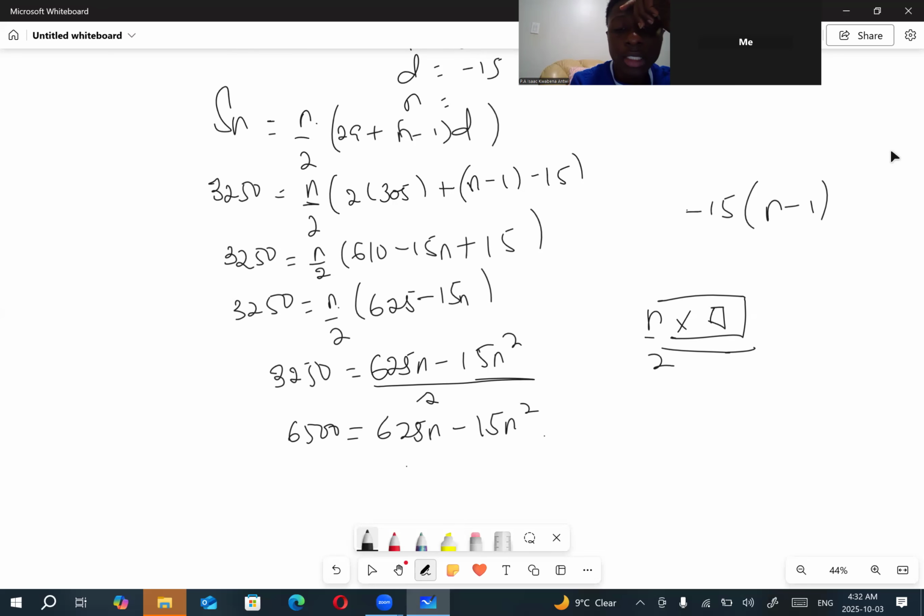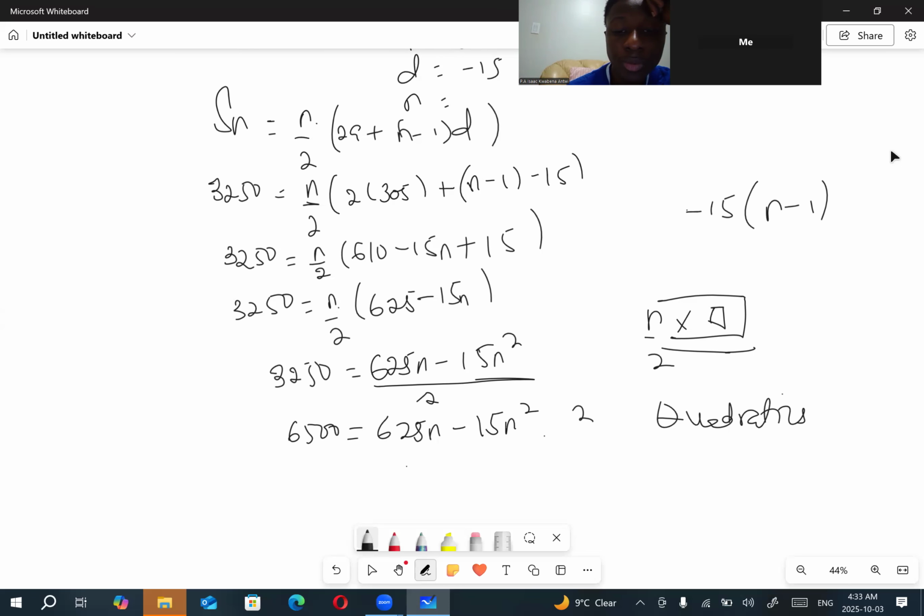So you see, when you have variables in an expression and there is a square, we call that a quadratic. We don't just solve them by adding. When you have a variable and the highest power on the variable is 2, it's a quadratic. We have a special way of solving them, so don't attempt to add or subtract anything.